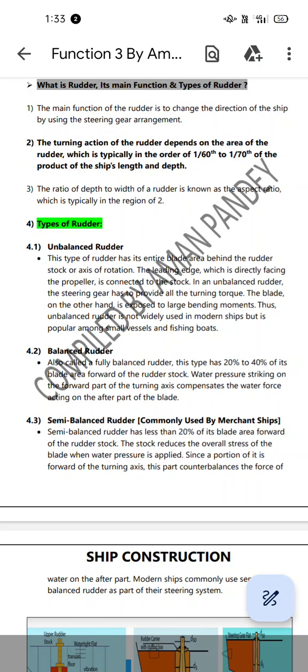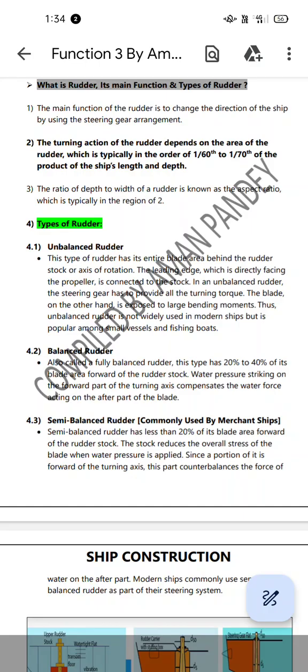The turning action of the rudder depends on the area of the rudder, which is typically in the order of 1/60 to 1/6 of the product of the ship's length and depth.